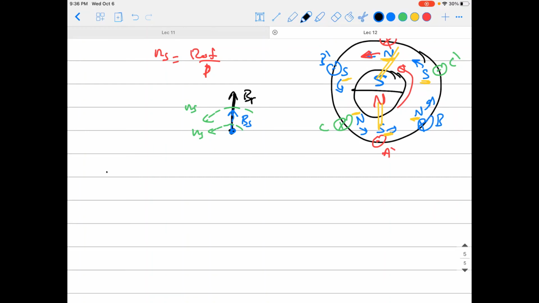But if the load goes up, okay, like we said, if the load goes up, that means the counter torque of the machine, T counter, or like we call it the machine's torque, will go up.